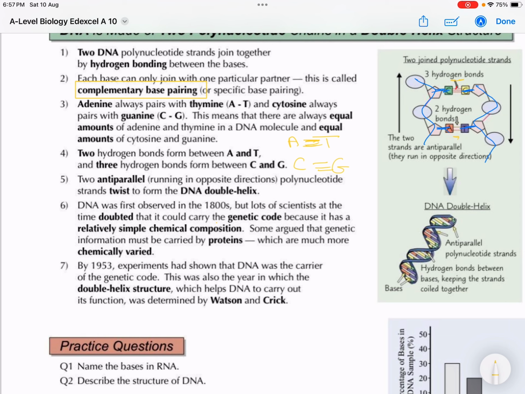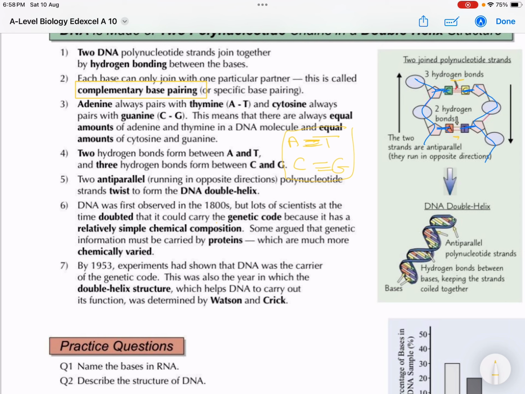And the structure of adenine and thymine allows it only to form 2 hydrogen bonds, while the chemical structure of cytosine and guanine allows it to form 3 hydrogen bonds. All right? So that's the case, that's the complementary base pairing.